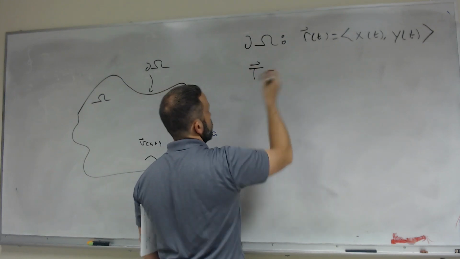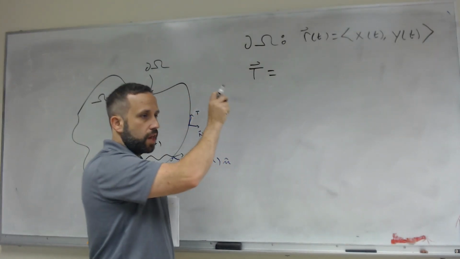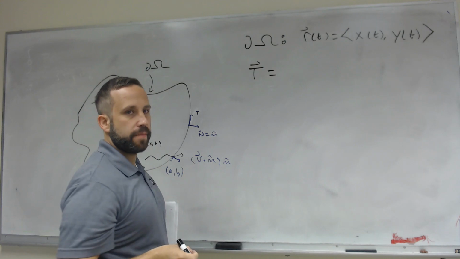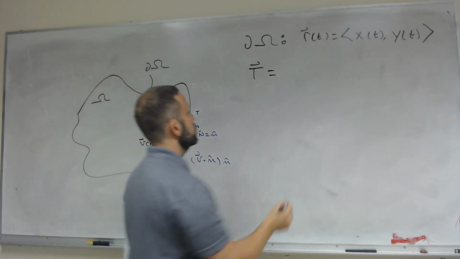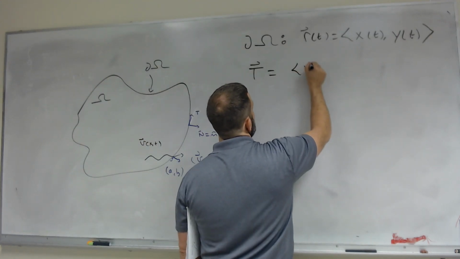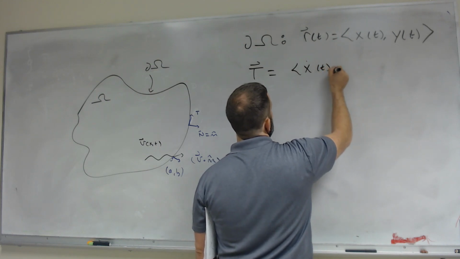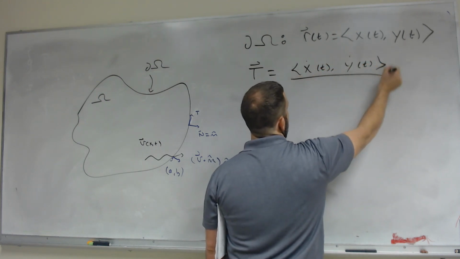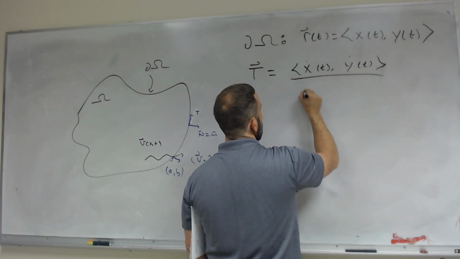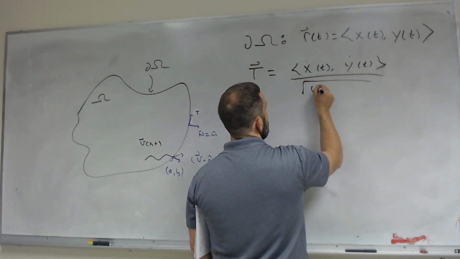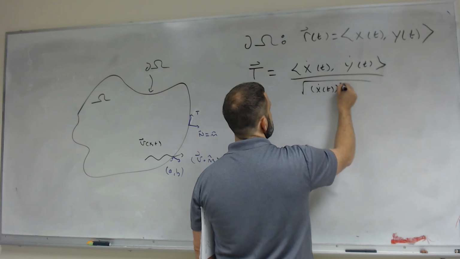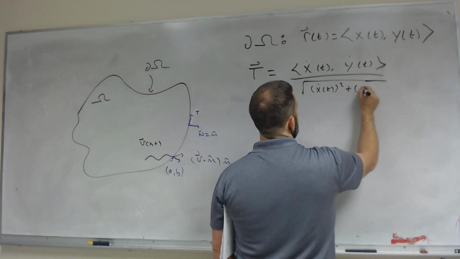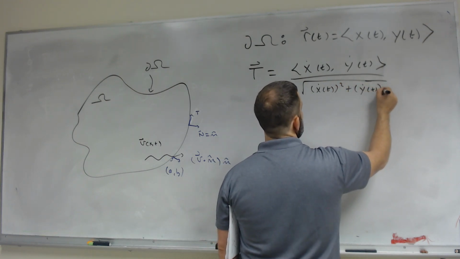The unit tangent vector is just the velocity vector of r divided by its magnitude to make it have unit length. So this is (x dot of t, y dot of t) divided by the magnitude of this vector, the square root of x dot of t squared plus y dot of t squared.